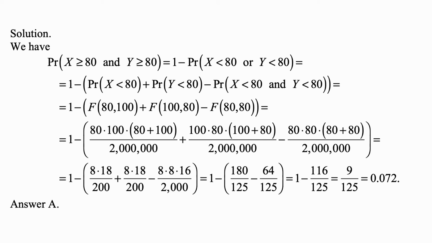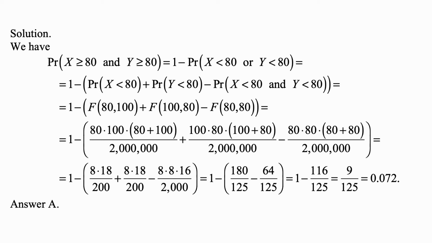So we're just switching it to be in the form that lets us use the cumulative distribution function to calculate it. So this is equal to 1 minus F of (80, 100) plus F of (100, 80) minus F of (80, 80). And by the way, 100 is there because that's the highest possible value for Y. Y doesn't go beyond that.